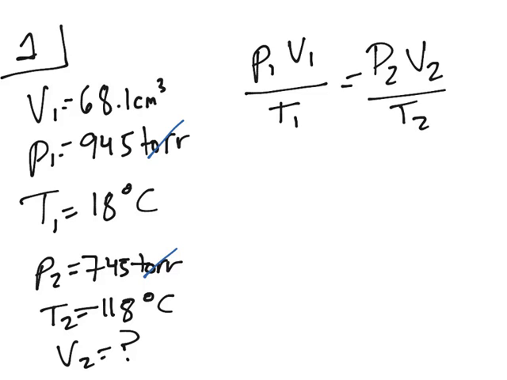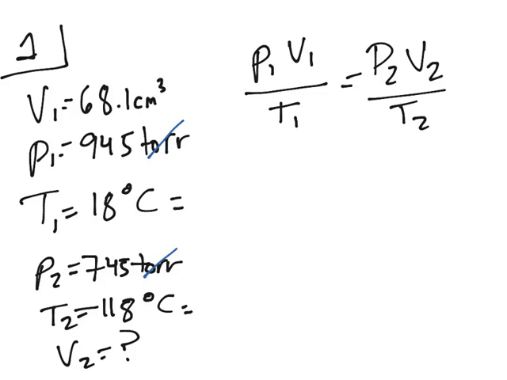But something you'll always want to do, in every problem, is convert the degrees Celsius into Kelvin. You cannot use Celsius in any calculation for gases. It will change as we study more chemistry, but for gases, you'll always want to use the absolute temperature, which is Kelvin.